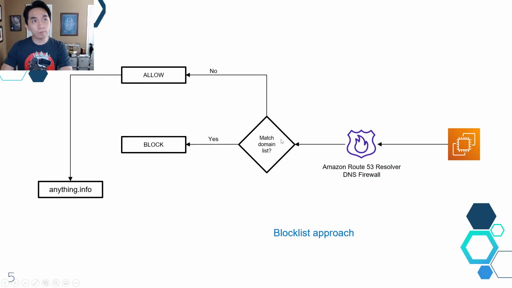Now, does the domain within the DNS query match? In a blocklist approach, if it matches a domain list, it will get blocked. Everything else will be allowed to go through. Vice versa, in an allowlist approach, everything matching the allowlist will be allowed to go through, and everything else will be blocked, right?